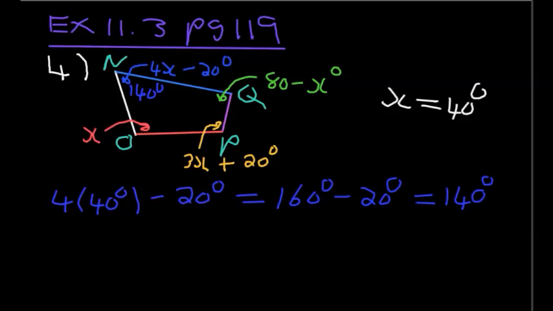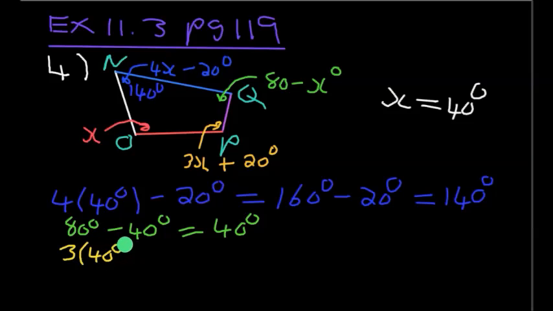Next we can focus on the green angle. So we have 80 degrees, but now we need to subtract not x, but x is substituted by the value of 40 degrees. 80 minus 40 degrees simply gives us 40 degrees. Now we can look at this yellowish orange angle. So we have now 3, but in the place of x we again have the value of 40 degrees.